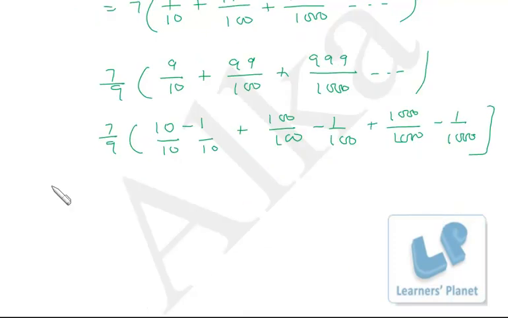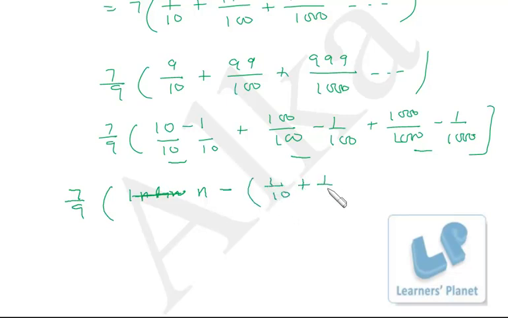Okay, so it is 7 by 9, and the 1s, 1 n times, so I can write it as n minus, I can take minus as common, so I'll be getting 1 upon 10 plus 1 upon 100 plus 1 upon 1000 till 1 upon 10 raised to n.